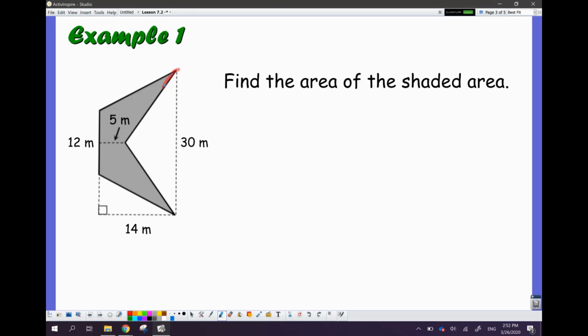I have a triangle right here. I have another triangle over here. And I have the trapezoid, which I'll outline in green here.